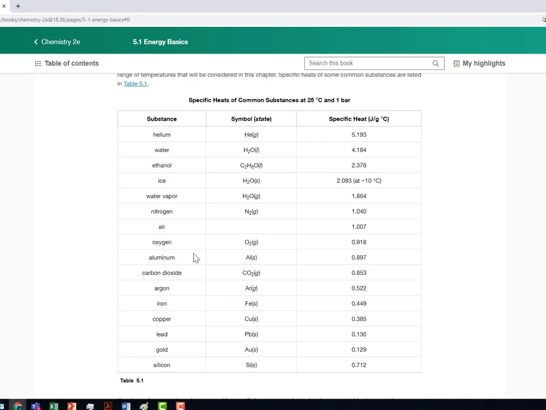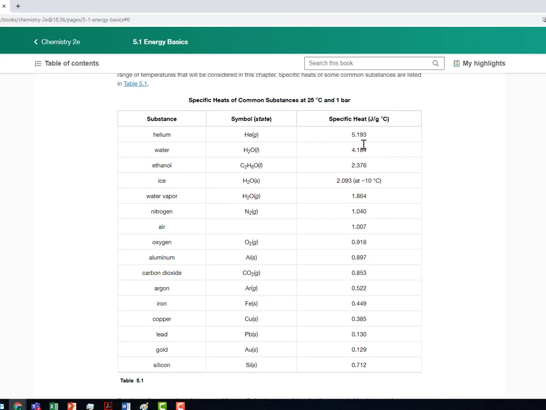You'll notice though that aluminum is quite a bit more than the other metals, which if you've ever had an aluminum pan, they take a little bit longer to heat up. The copper pans heat up pretty quickly, and so that's why some people prefer those.